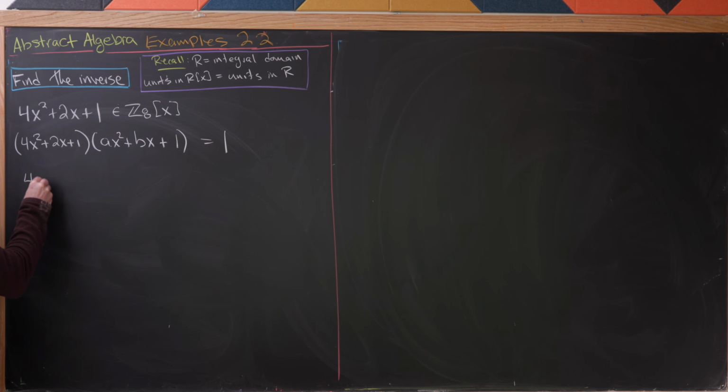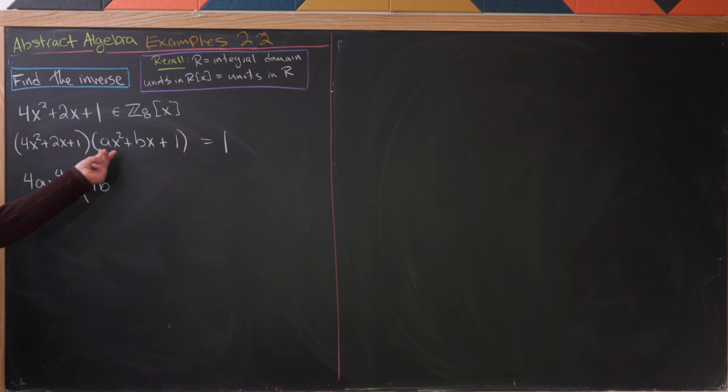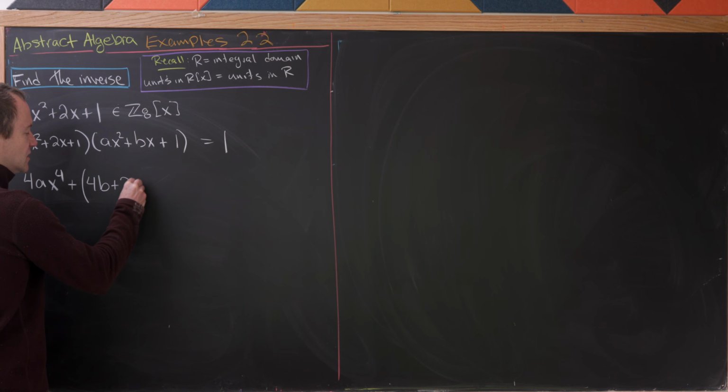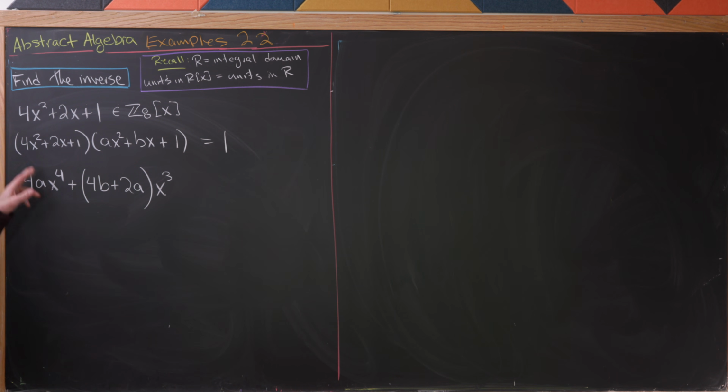Okay, so now let's do this product to see what we get. We'll have 4a times x to the fourth. That's our x to the fourth term. And then let's eyeball it to get our x cubed term. We'll have 4x squared times bx, so that'll be 4b, and then we'll have 2x times ax squared, that'll be plus 2a. That's attached to x cubed. And then what's our x squared term?